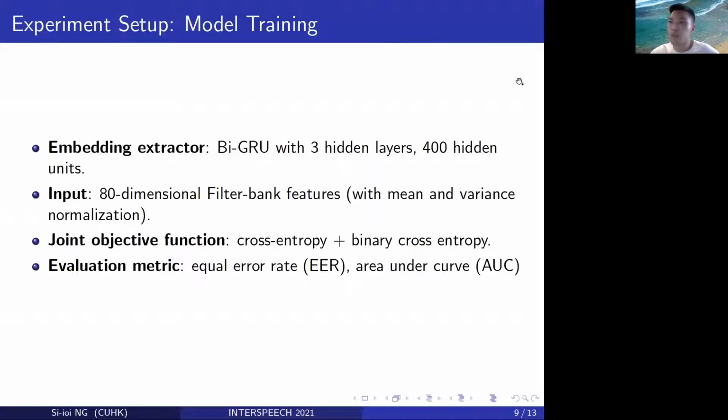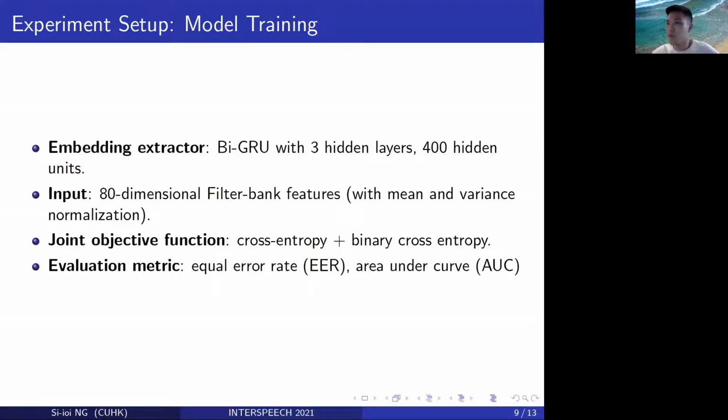Regarding the structure of the embedding extractor, we use a 3-layer bidirectional gated recurrent unit with 400 hidden units in each layer.